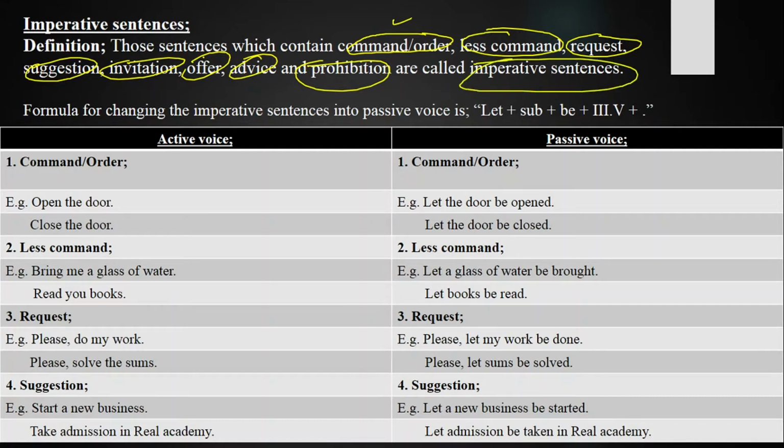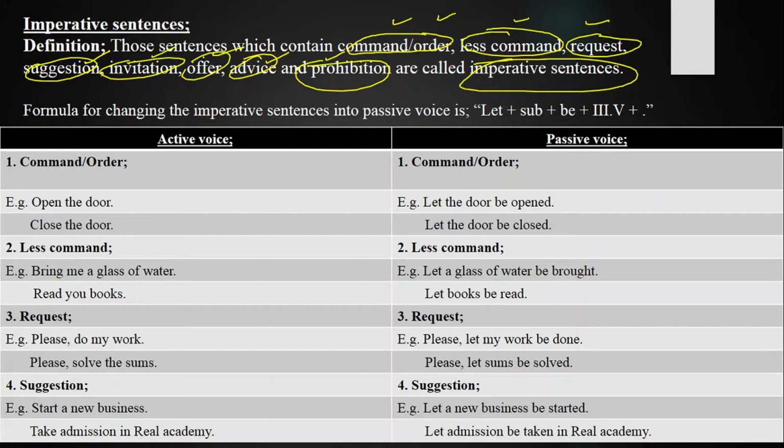In imperative sentences, you give commands, make requests, suggest, invite, offer, advise, and in the same way you prohibit, meaning you stop someone from doing something. That can also be an imperative sentence.